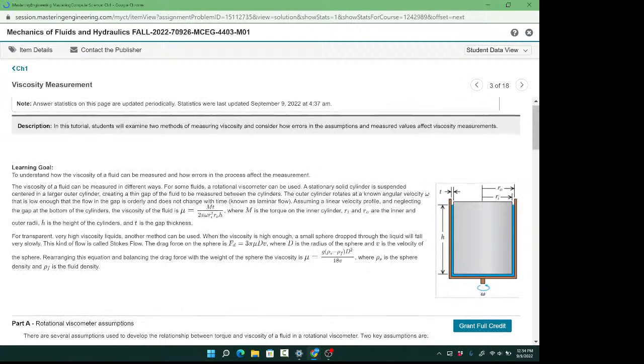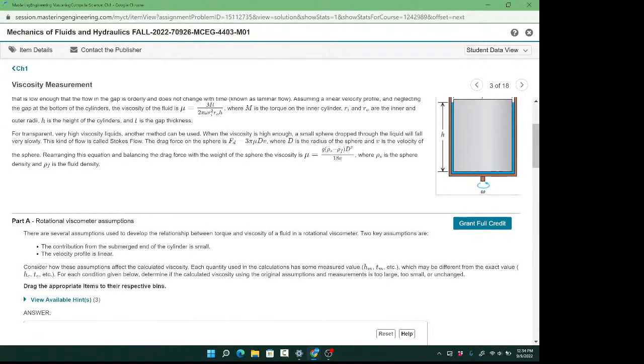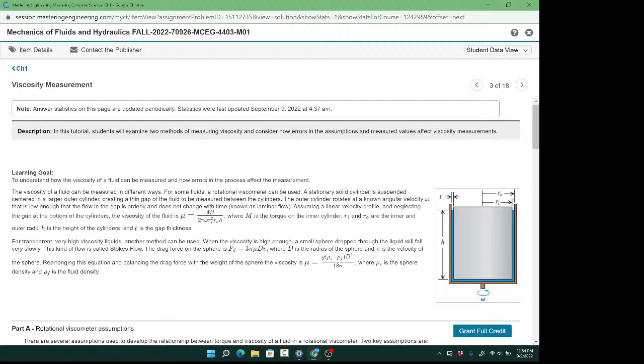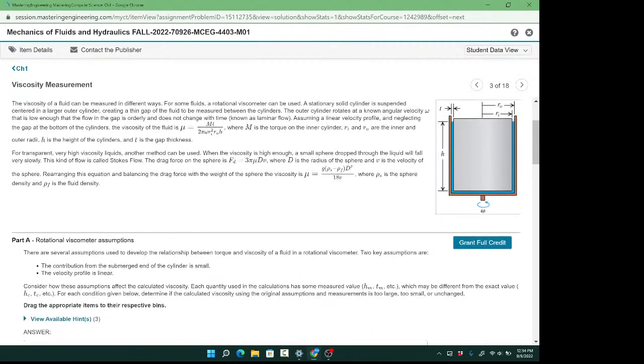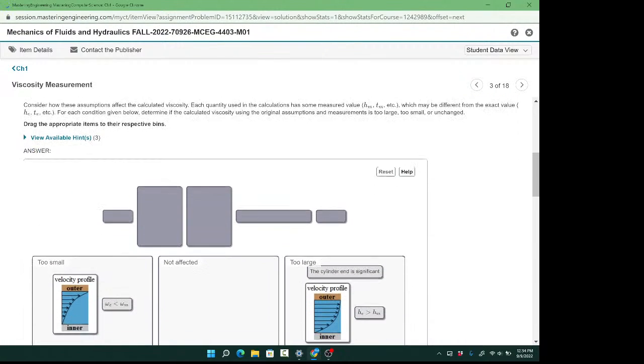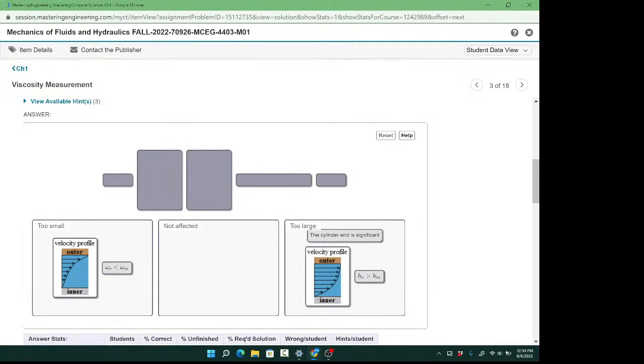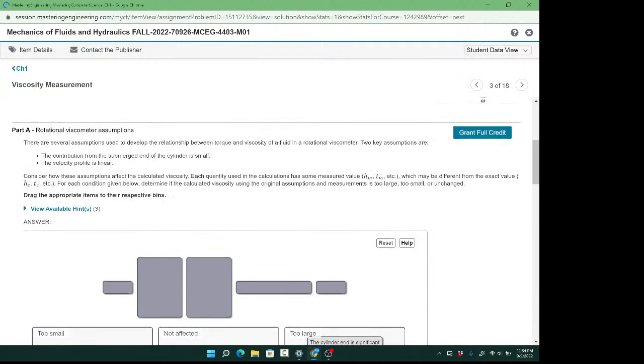And so you go through this thing, and you read all that. Part A, rotational assumptions. Oh, it's another one of those. There are several assumptions used to develop the relationship between torque and the viscometer.